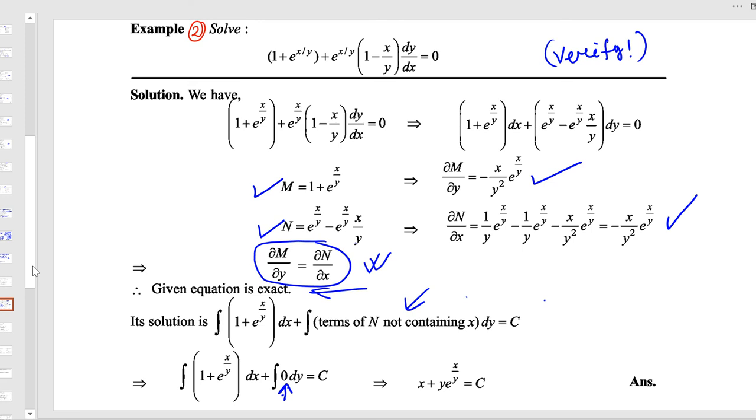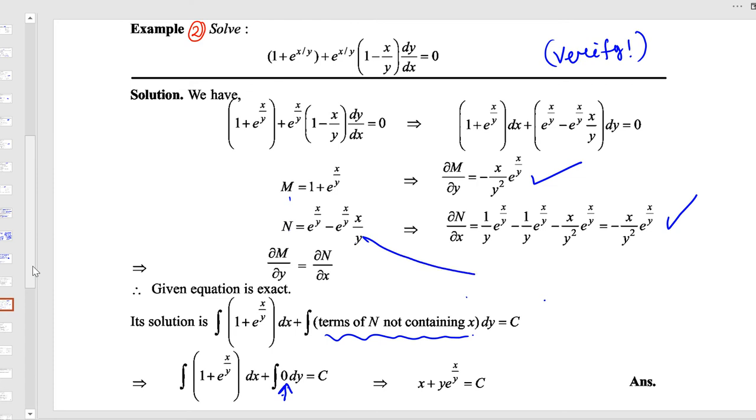Because both the terms of N have x variables. Step 2 is the terms of N not containing x.